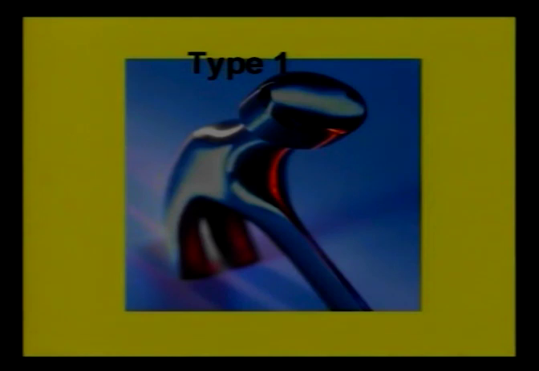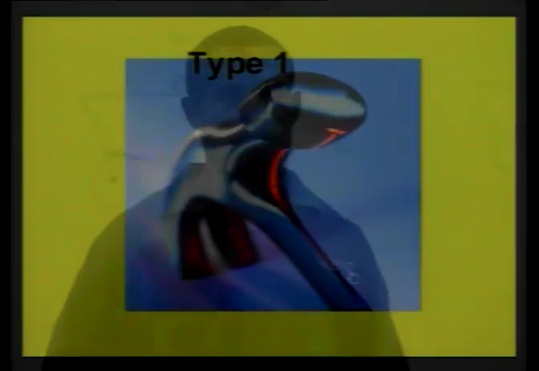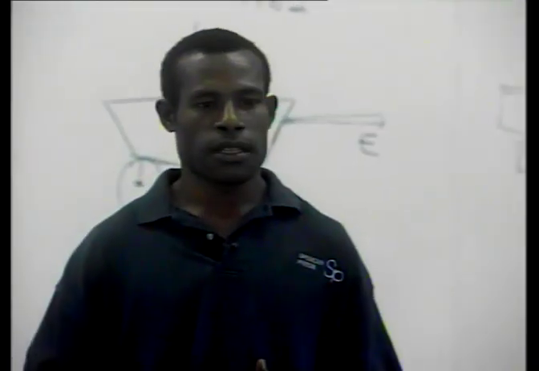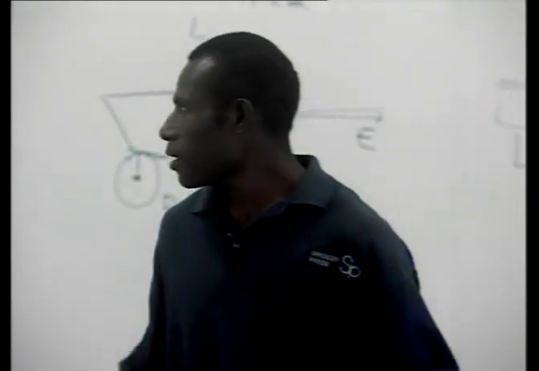All right, that is correct. Why? Because when you are trying to pull a nail, the back of the hammer will be resting, and then it will be providing some kind of fulcrum. While the end, the claw of that hammer will have to try to pull out the nail, and that is where the load is. All right, so that is type 1.